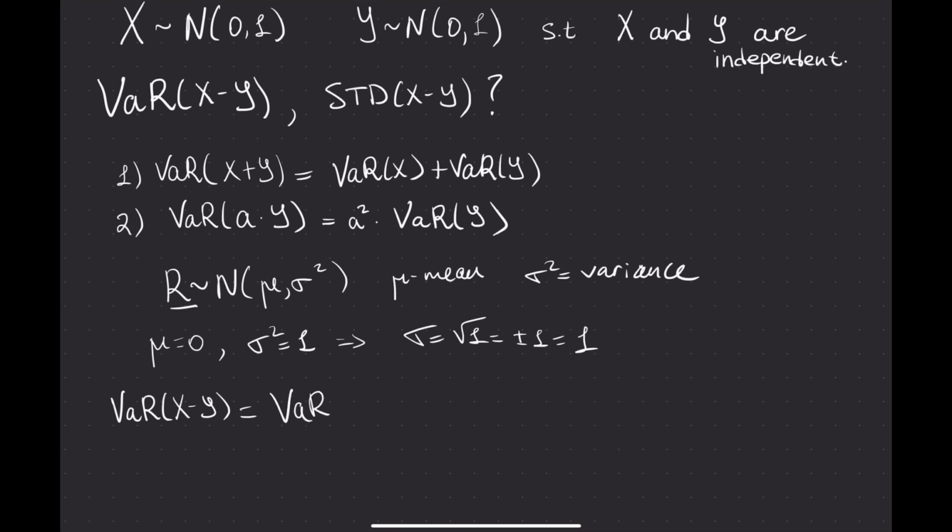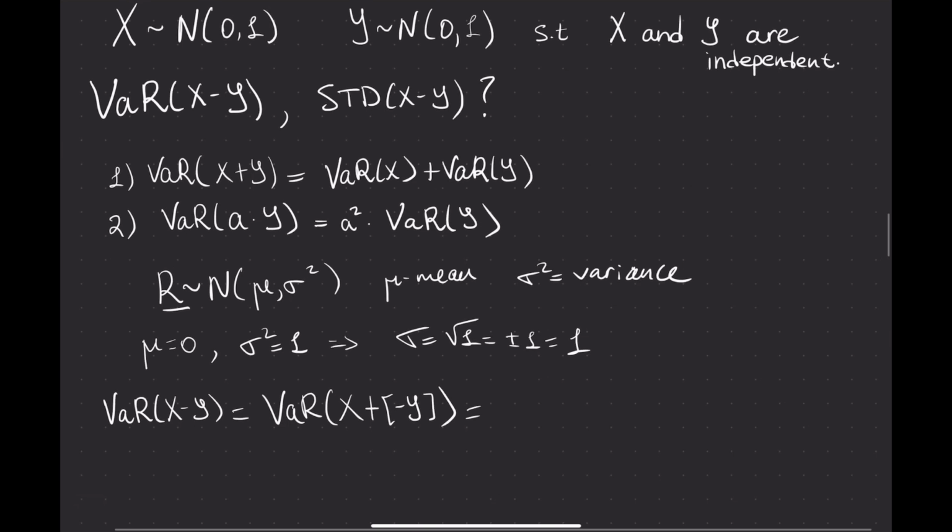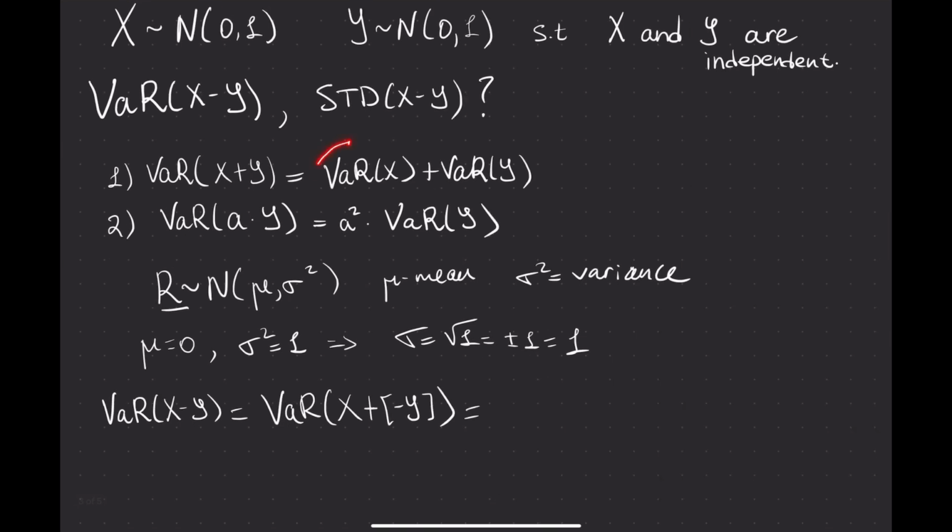That equals the variance of x plus, in parentheses, negative y. Now we've rewritten the difference as the summation of two independent random variables. And with that, we can decompose it into the sum of two variances, which is exactly equal to the variance of x plus the variance of negative y.